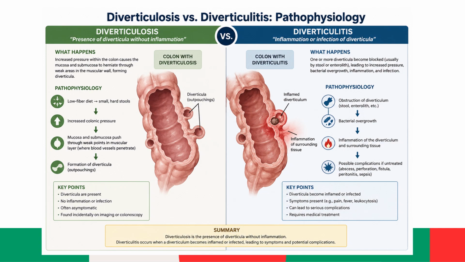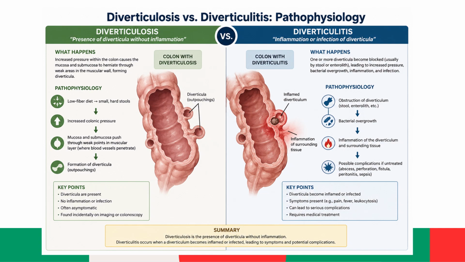Inflammation also creates abnormal connections between structures. These are called fistulas. For example, a fistula can form between the colon and bladder. So if a patient with a history of diverticular disease begins experiencing recurrent urinary infections or reports air in the urine, that would be an unusual finding that then deserves further evaluation.